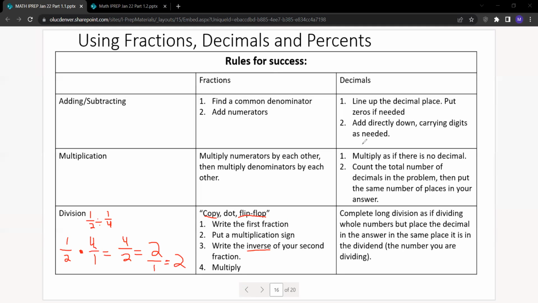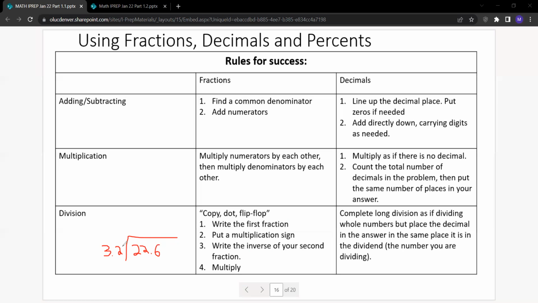When it comes to dividing decimals, you're going to complete long division as if dividing whole numbers, but place the decimal in the answer in the same place it is in the dividend. So in other words, if you are dividing, you're just going to have a long problem like this. 3.2 divided by, I don't know, 22.6, let's say, is the problem we're working with.